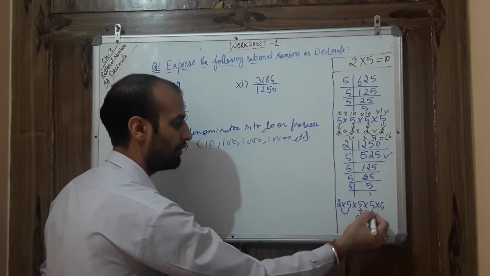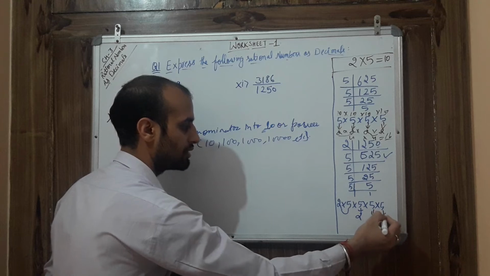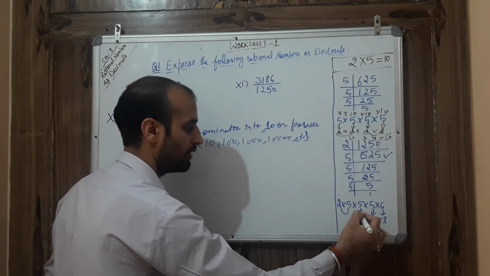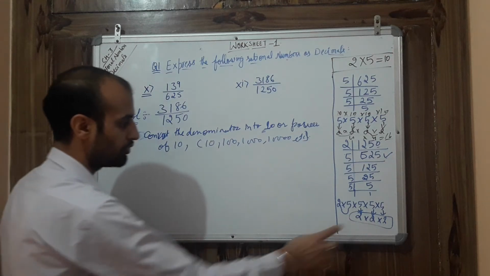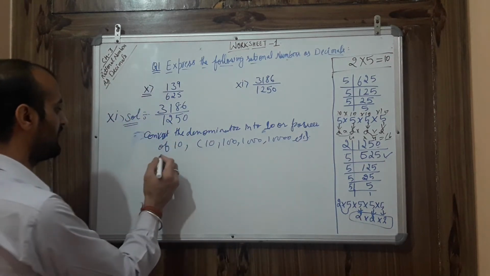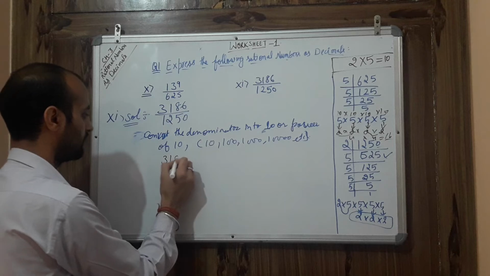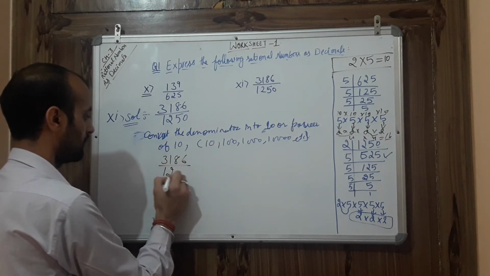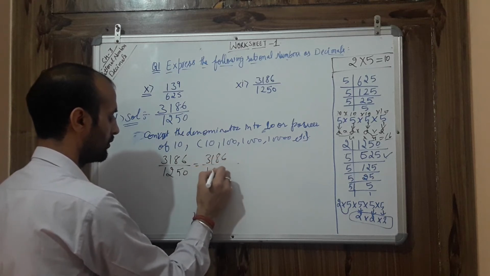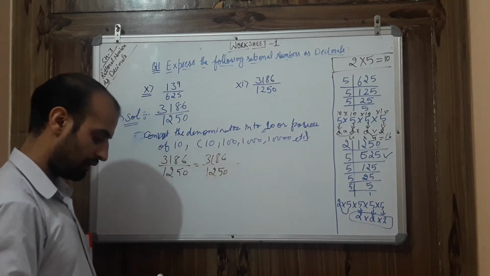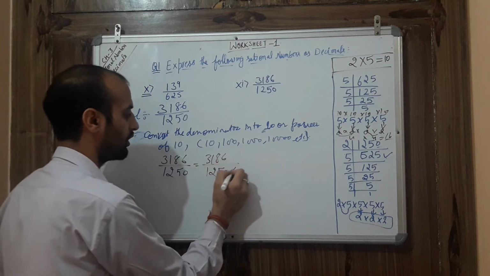This 5 is required 1, 2. This 5 and this 5. These 3 require 2 each. So overall the number required is 2 twos are 4, 4 twos are 8. That means 8 is the required number. The most important work is to find out what number is required.